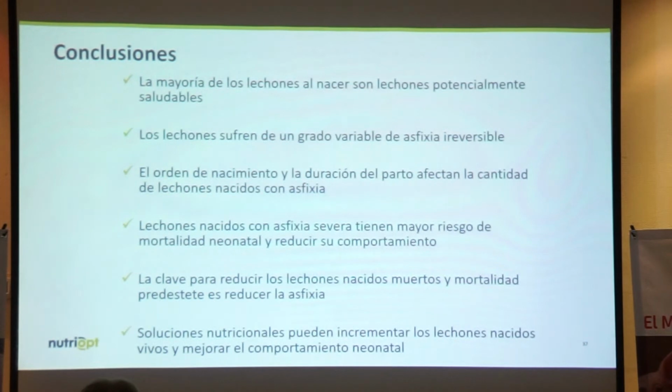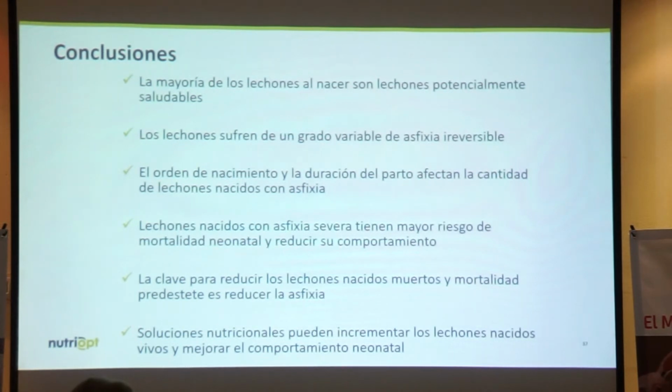The majority of the piglets at the end of gestation are viable piglets. There are piglets that can be vital piglets. Piglets can suffer from variable degrees of asphyxia, and the order of birth and the duration of the farrowing process have a big impact on the level of asphyxia.